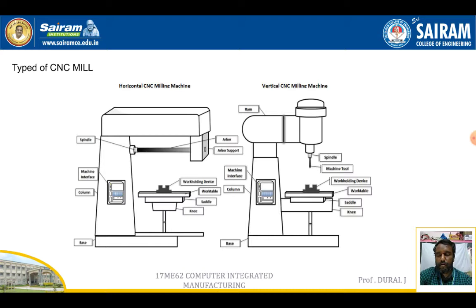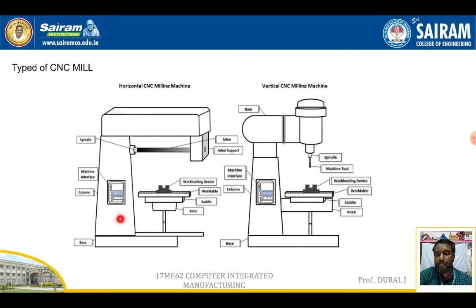We already know about the components of milling machines, like the knee and saddle. With the help of the saddle, the work table is moved, and on the work table the work holding devices are rigidly fixed.